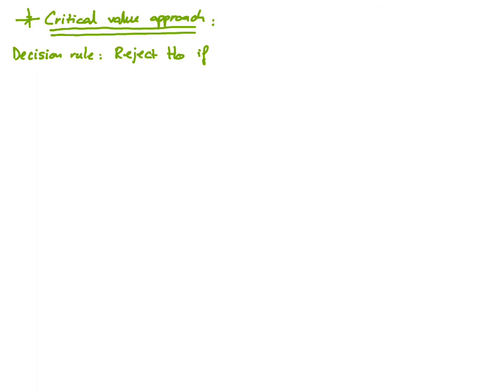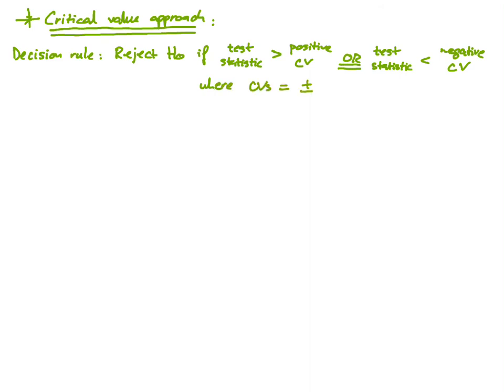If the test statistic is greater than the positive critical value, or the test statistic is less than the negative critical value, where the critical values are plus minus z sub alpha over 2.